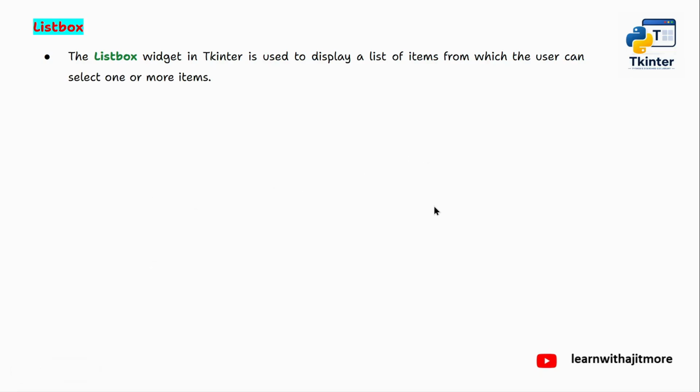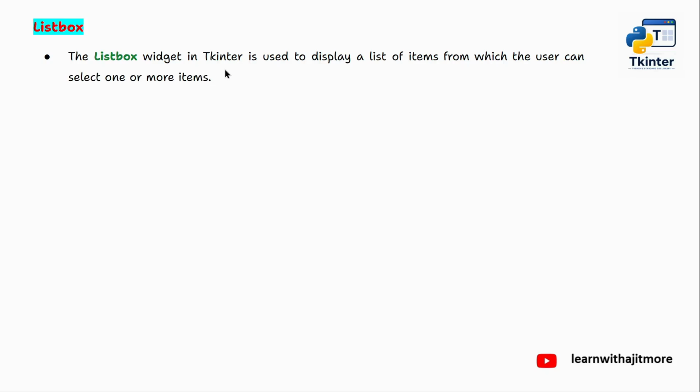Then some methods are also there for the list box, like if you want to add a new item in the list box, delete an item, or find out the position of the currently selected item. Whichever item is selected, you want the index of that selected item. For that also some methods are provided, which are methods of the list box. So we'll learn all that one by one.